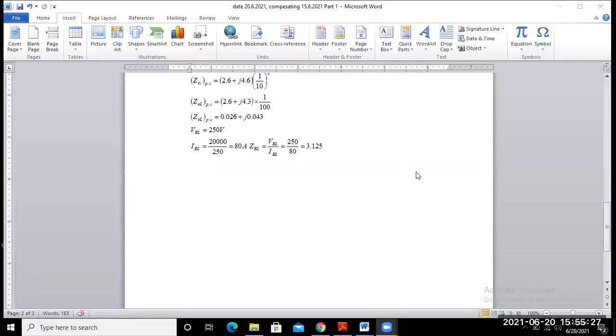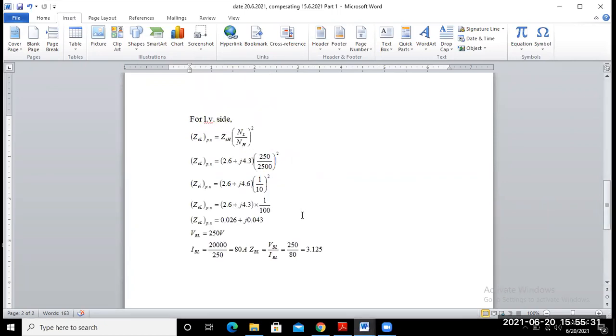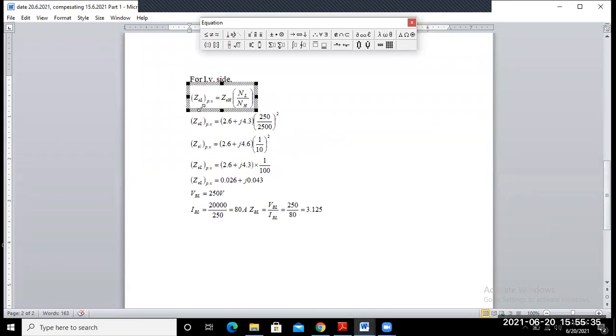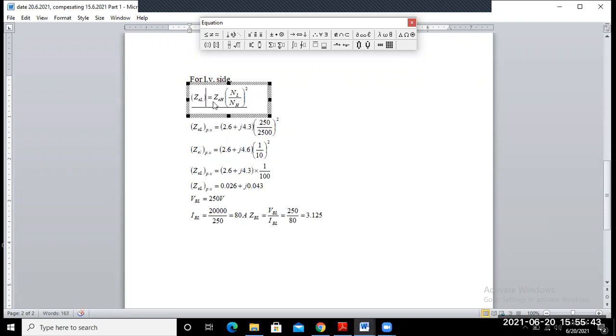ZEL divided by ZBL. Okay, so this value we just found here, this is ZEL, that means the equivalent leakage impedance of the low voltage side, not per unit. This one is in ohm.